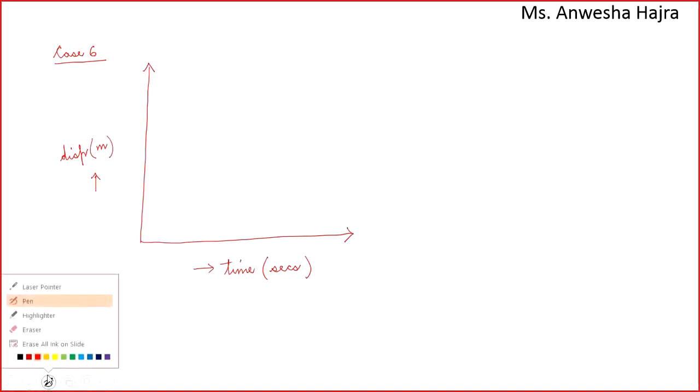Okay. Now say you have a graph like this.